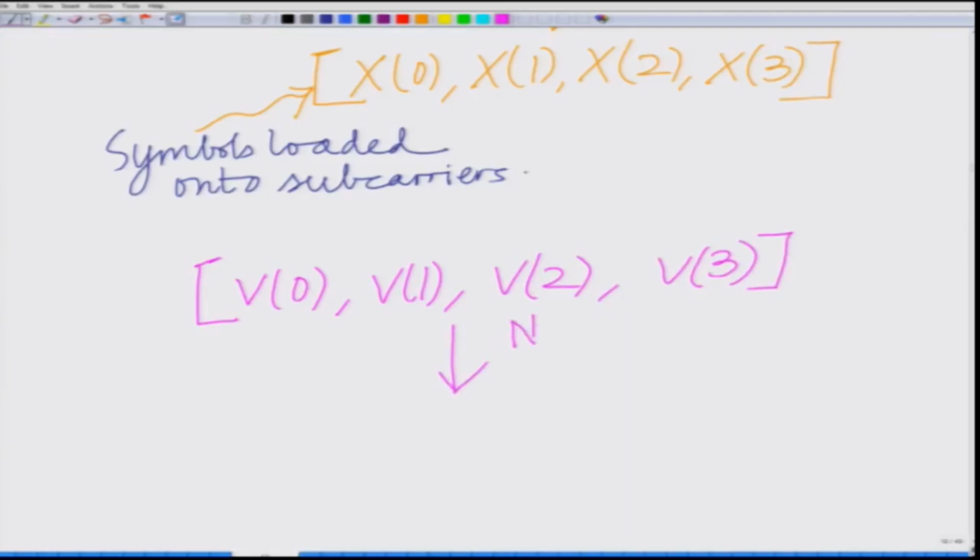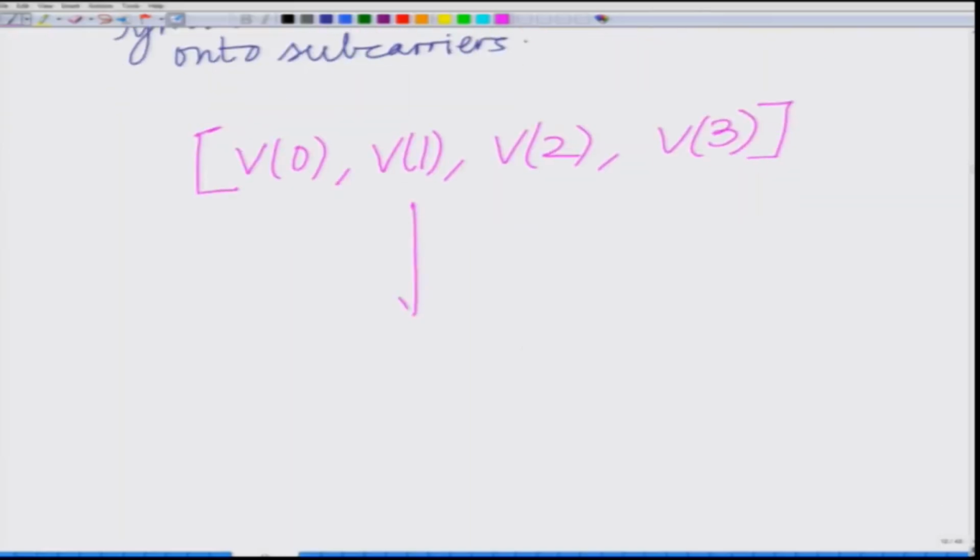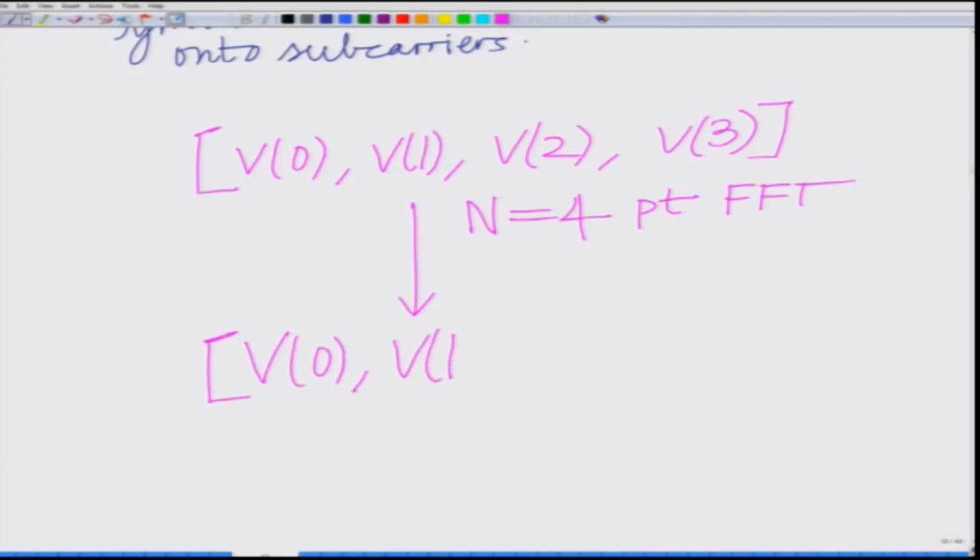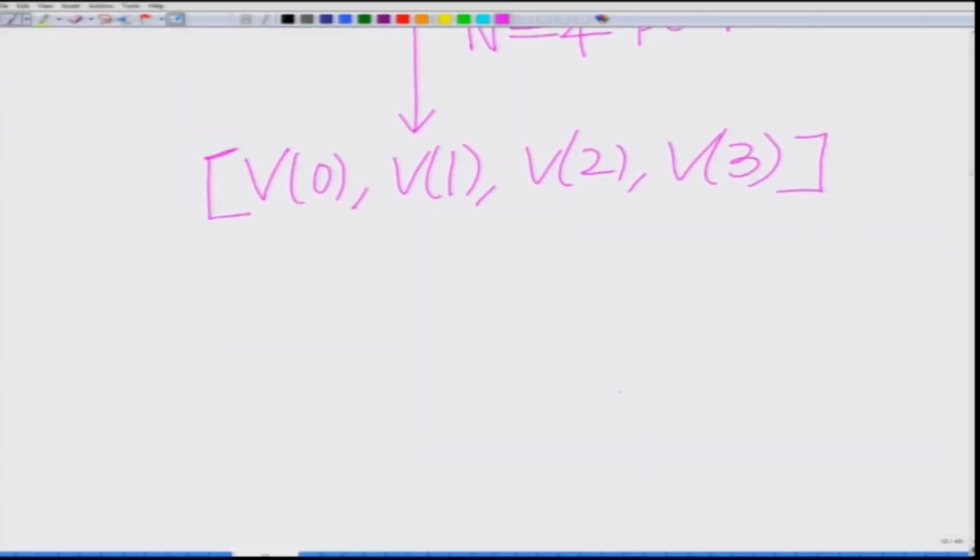You do the n equal to 4 point FFT of this, and what you get back is the capital V's, the noise samples across the subcarriers. What are these? These are your noise samples across subcarrier.